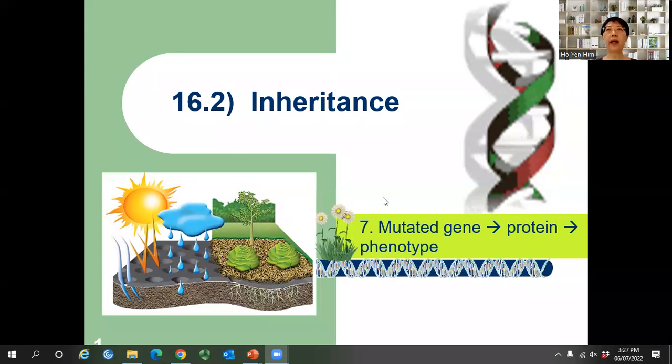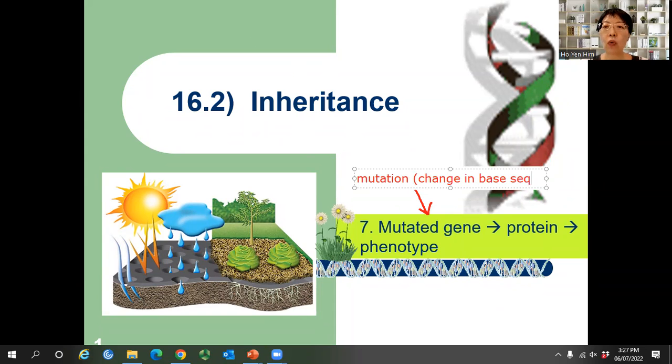So do you remember that earlier on you have learned about how changes in the gene due to mutation, that means change in base sequence of gene. Mutation, meaning change in base sequence in the gene. Your gene is your DNA.